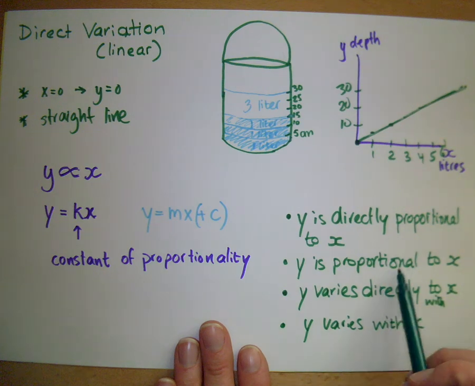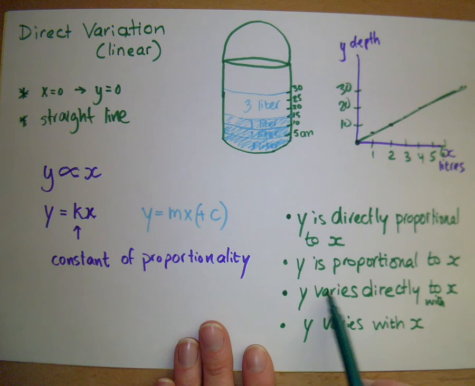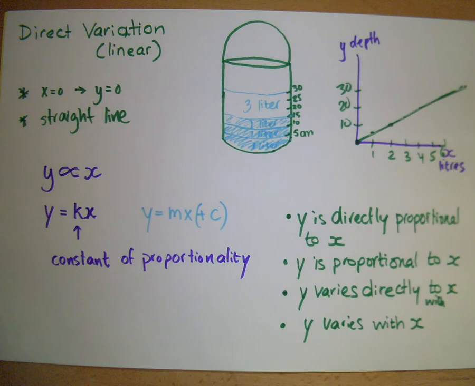So sometimes we leave out the word directly. See that? And we can say it's proportional, or we can say it varies with the other variable. Okay, this is kind of theoretical. Let's look at an example.